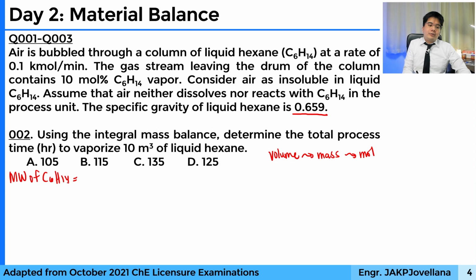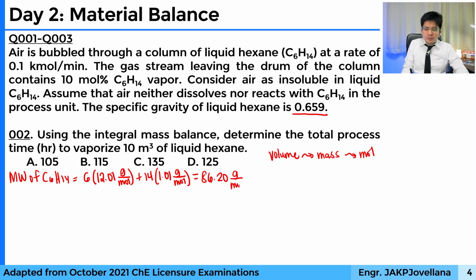We can find the molecular weight from Perry's Chemical Engineering Handbook. Or we can solve. We have 6 carbon atoms, so 6 times 12.01 grams per mole plus 14 hydrogen atoms, 1.01 grams per mole. Solving, the molecular weight of hexane is equal to 86.20 grams per mole. Or this is similar to 86.20 kilograms per kilomole.